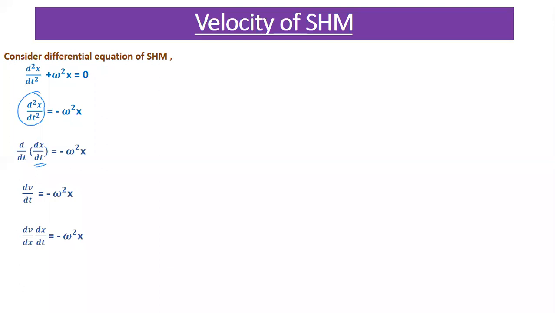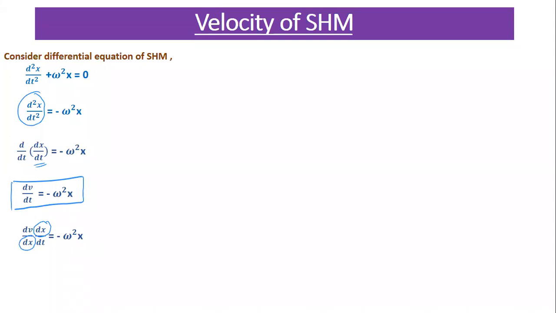Now we can do some arrangement here. We multiply by dx and divide by dx, so this dx cancels and we get this term again, dv by dt is minus omega square x. We did that for simplicity only.